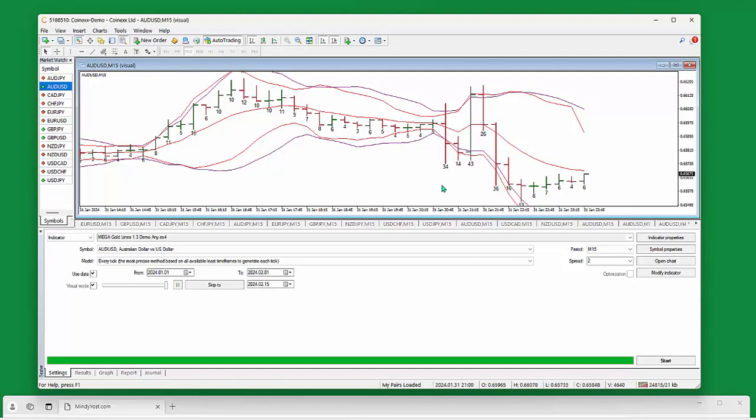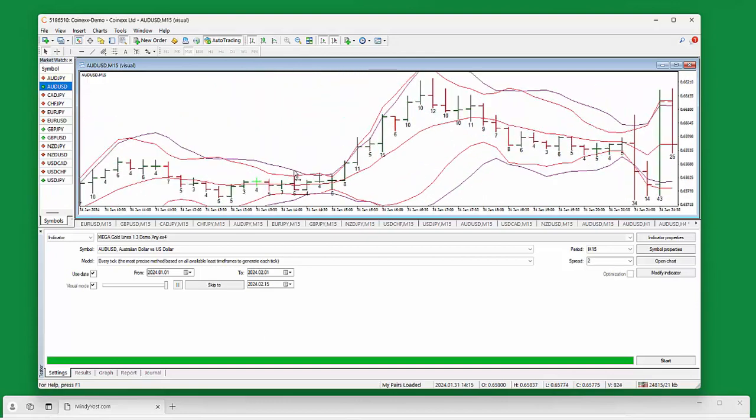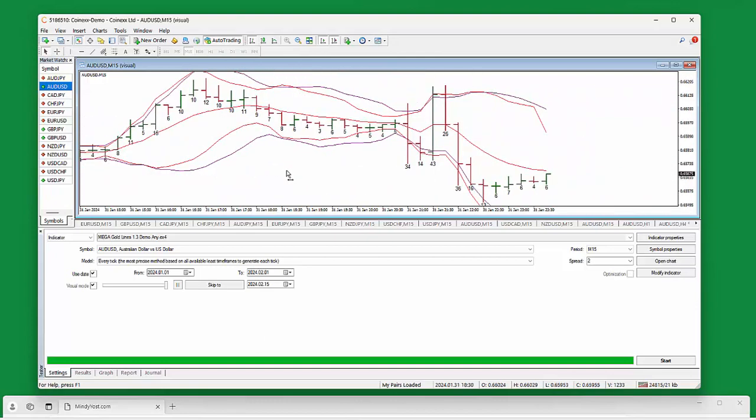So you can see that sometimes there's a lot of trades in a very short period of time, because these are 15-minute bars. So here's 1 hour, 2 hours. In this 2-hour period right here, you could have potentially made 1, 2, 3, 4, 5 or 6 trades potentially, right? So anyway, that is the Mega Gold Lines indicator.